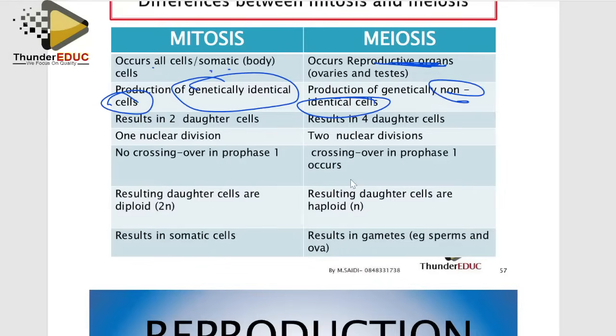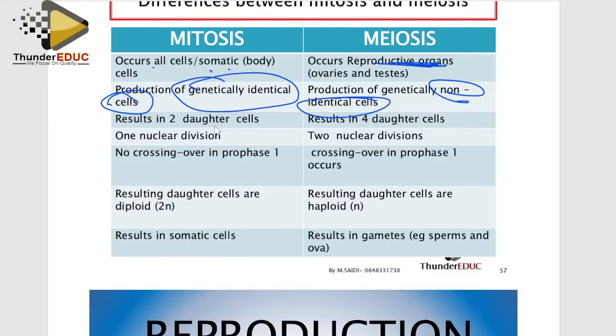So there are differences there. You understand? Even identical twins will have different mood swings. They have different moods. They might look the same outside, but inside they are totally different. And what causes that? It's because of meiosis.